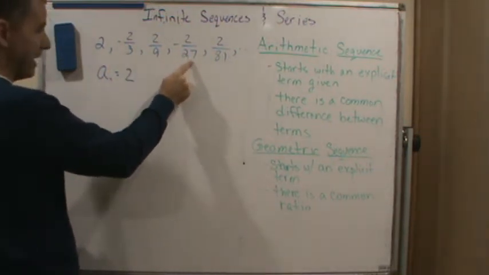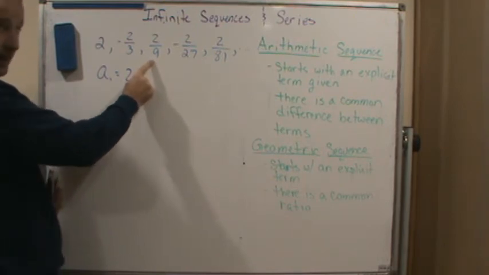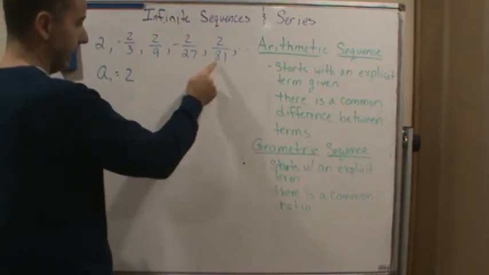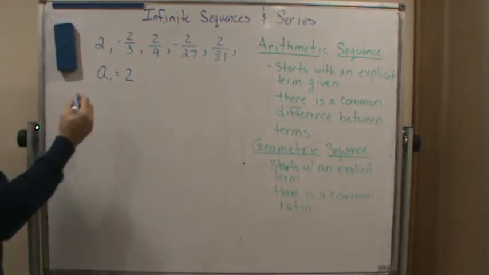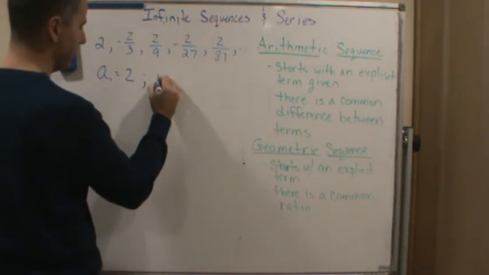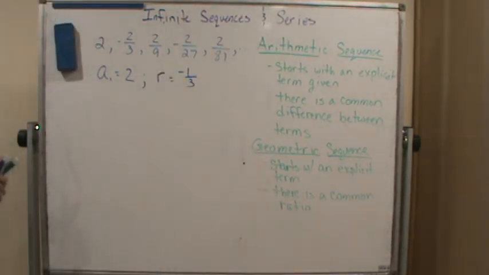Negative 2/27 divided by 2/9 will give us again a negative 1/3. And again, if we divide these two, we get a negative 1/3. So the common ratio in this case is negative 1/3.